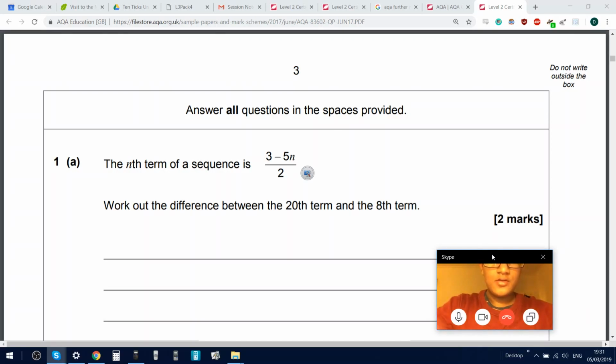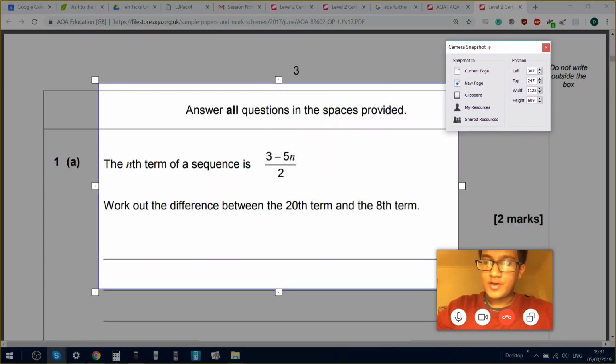1A. So the 20th term is 3 minus 5 times 20 over 2. 5 times 20 is 100.